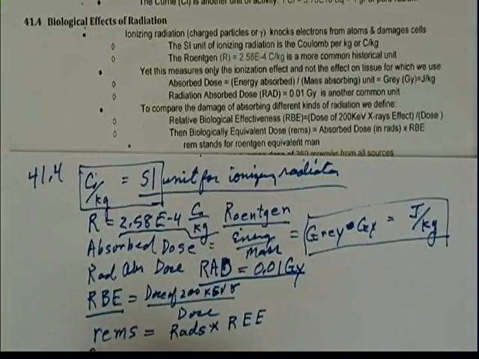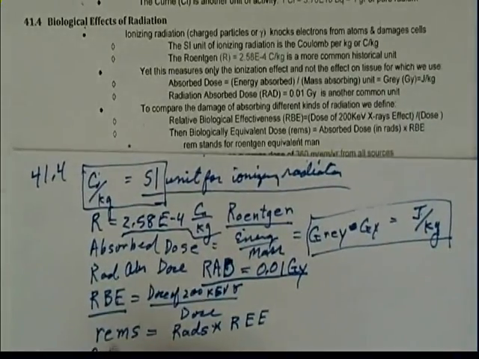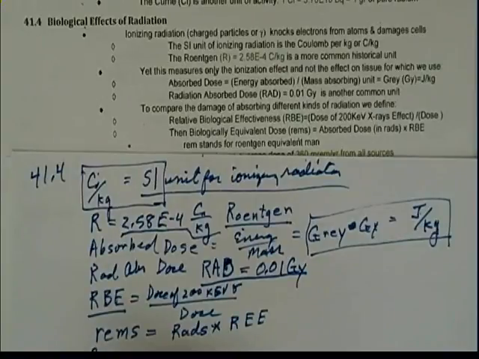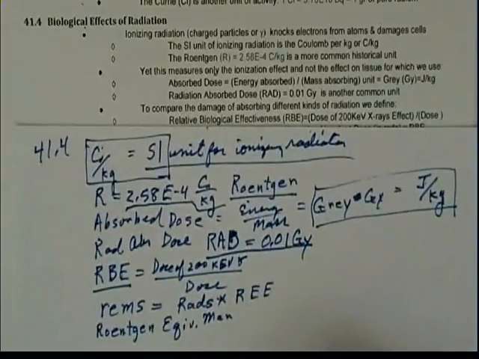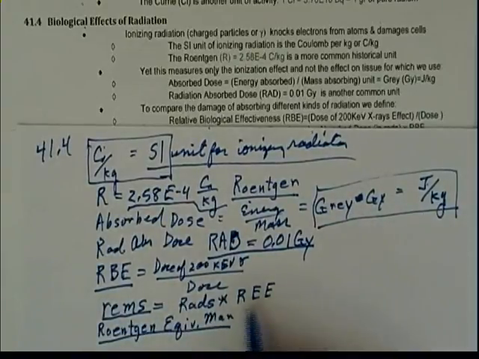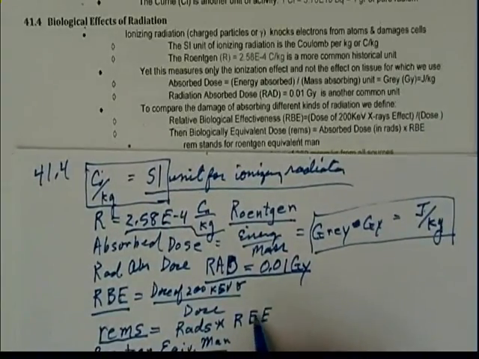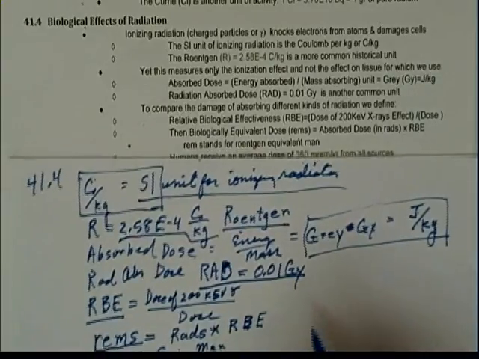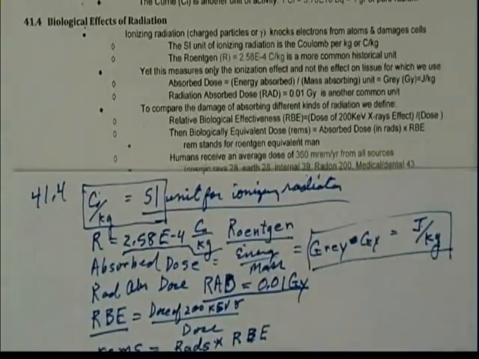This is Röntgen. I probably should write this down here. That's what a REM is. I know I got off the page there. But a REM is a Röntgen equivalent man, and it's your dosage times the biological effectiveness of that dose. That should be RBE, relative biological effectiveness of that dose, and how damaging it is.